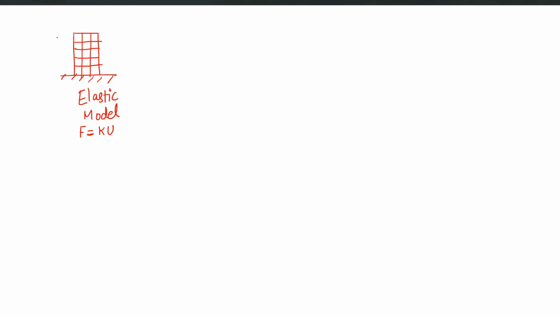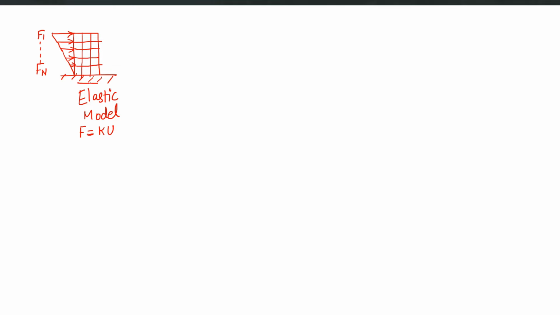Let's say we perform one exercise: we take a pattern of loading, a very small loading on the first floor, higher loading on the next floor, and more on the next, and we keep increasing the loading with the same proportion such that the pattern remains the same. We apply those forces, F1 up to Fn.